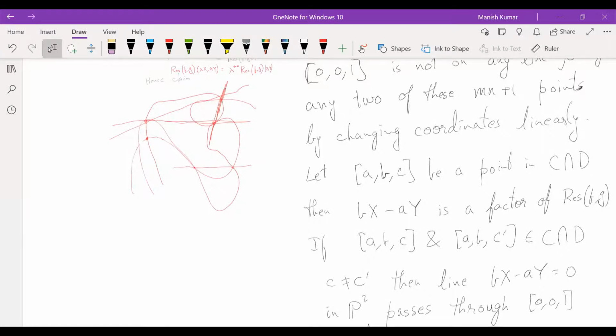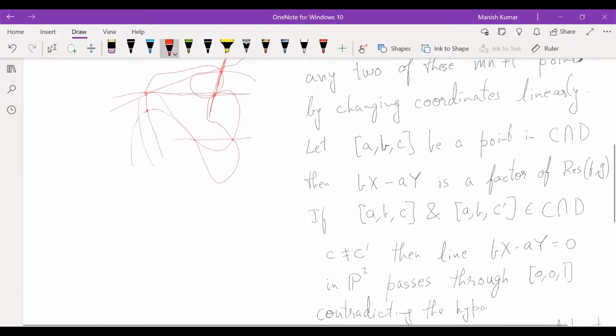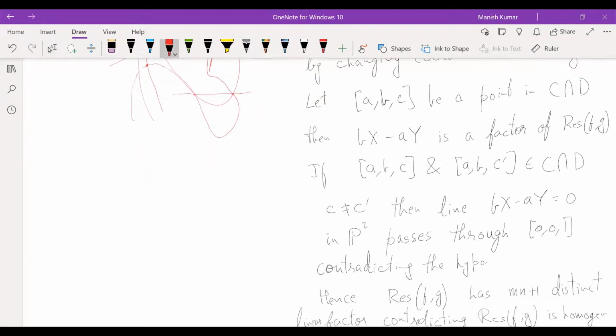We have ensured that 0, 0, 1 does not lie on any line passing through any 2 of these mn plus 1 points. So we can't have this kind of thing, that (A, B, C) and (A, B, C prime) both lie in C intersection D, with respect to these new coordinates.